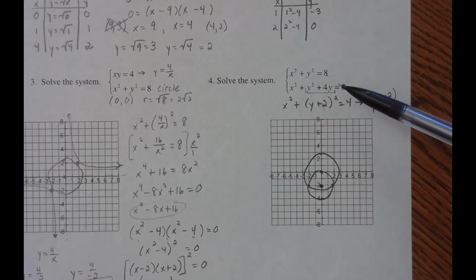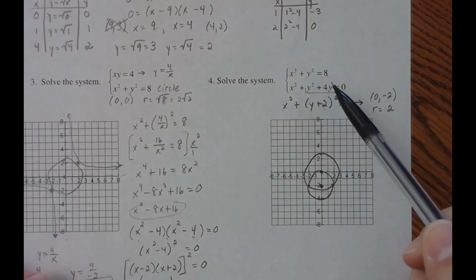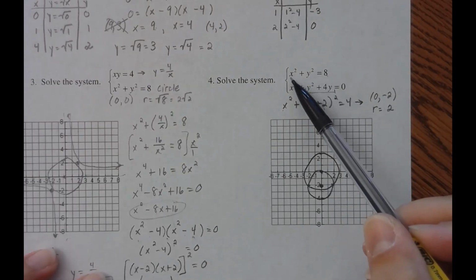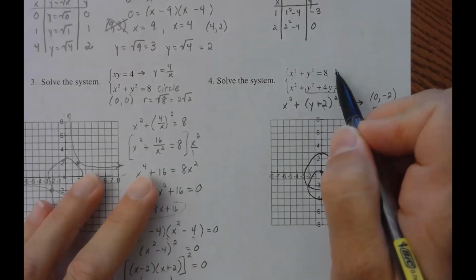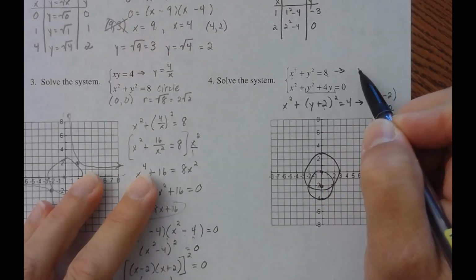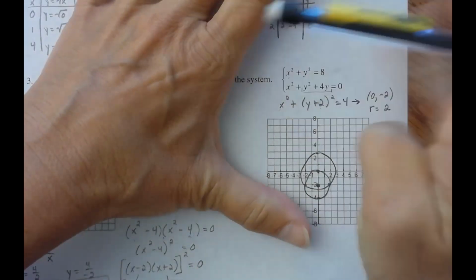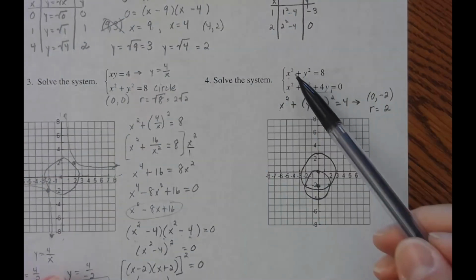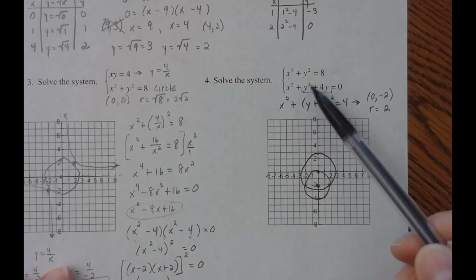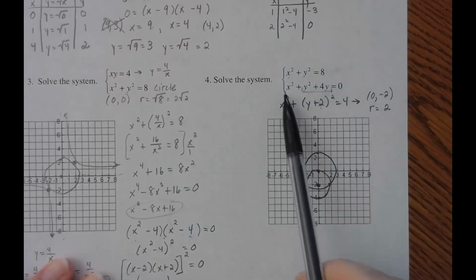So in this case, what I would do to solve algebraically, I would solve this equation for x squared. Oh, actually, there's an easier way to do this. Notice how these are all lined up.